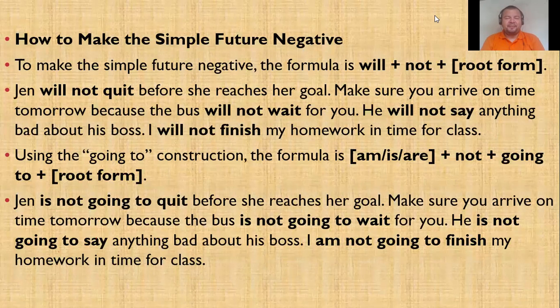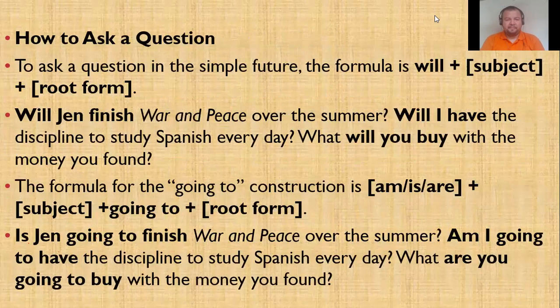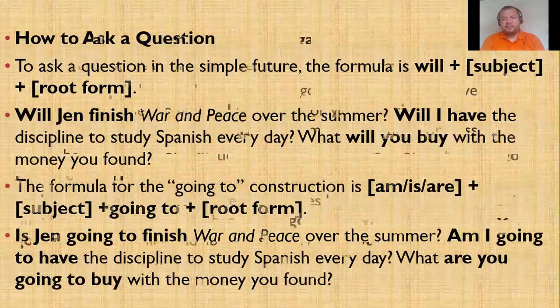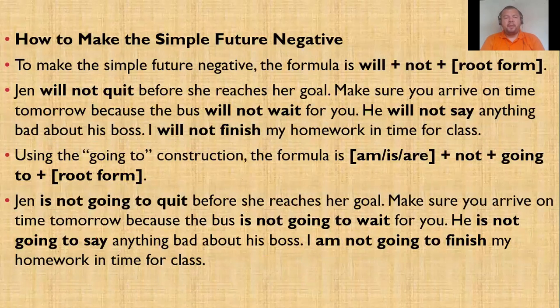The other way to use the negative in a simple future is using the going to construction. The formula is the verb to be, am, is, are, plus not, plus going to, plus the root form of the verb.